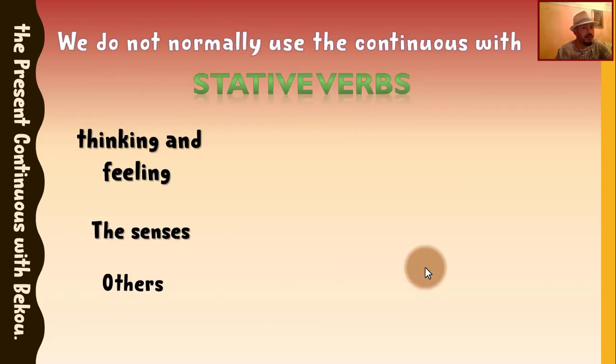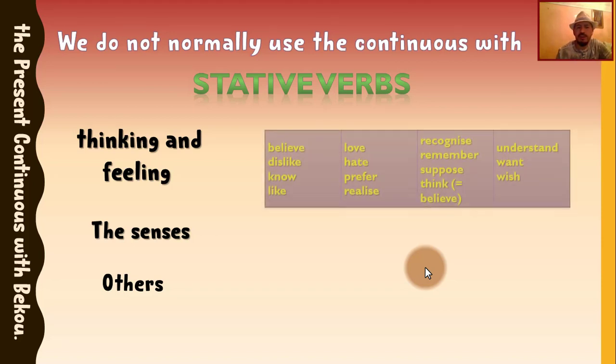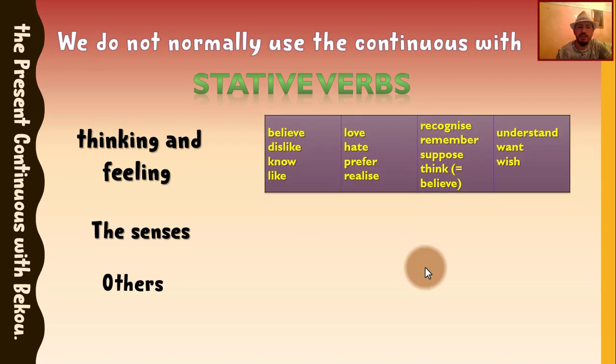Now there are certain verbs that are not normally used with the continuous. These verbs, we call them stative verbs. They are verbs that talk about thinking and feeling, verbs that describe the senses, and also we have other verbs. So we're going to see each one. So we have here the verbs that describe thinking and feeling. For example, believe. I believe you.